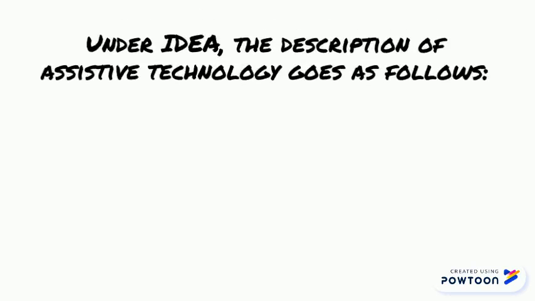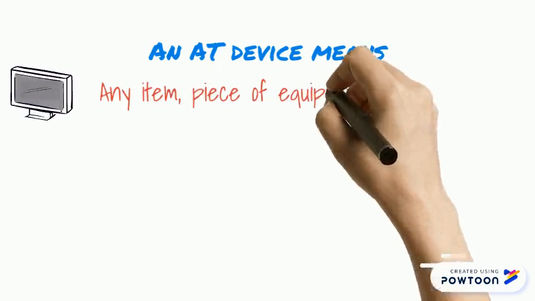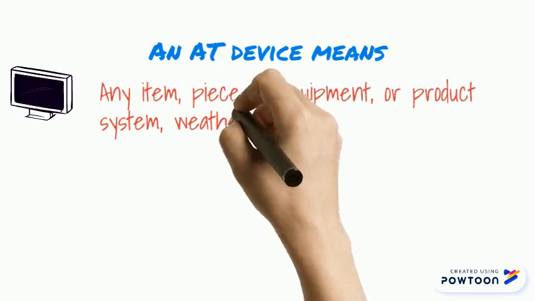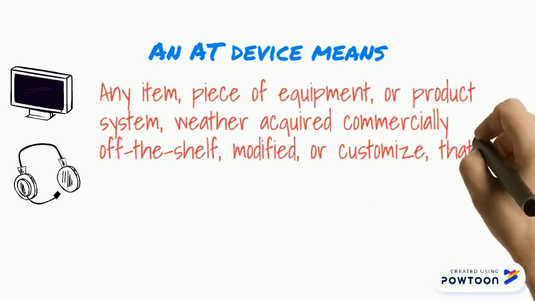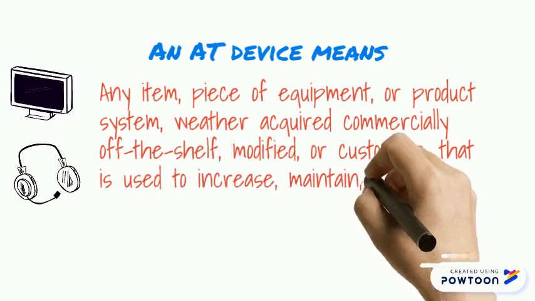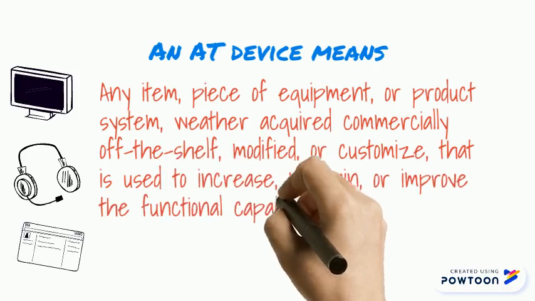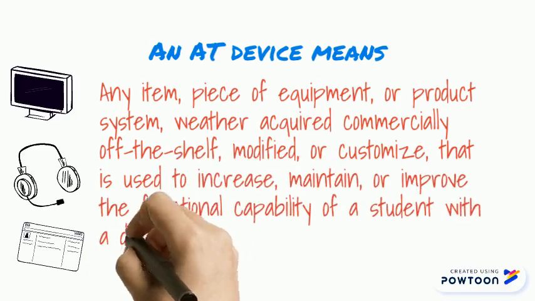Under IDEA, the description of assistive technology goes as follows. An assistive technology device, or an AT device, means any item, piece of equipment, or product system, whether it's acquired commercially off the shelf, modified, or customized, that is used to increase, maintain, or improve functional capabilities of a student with a disability.